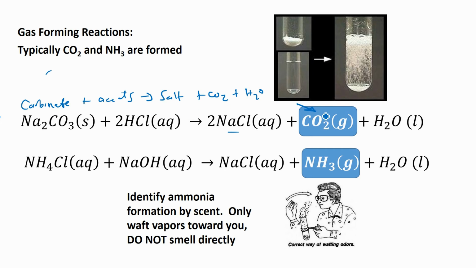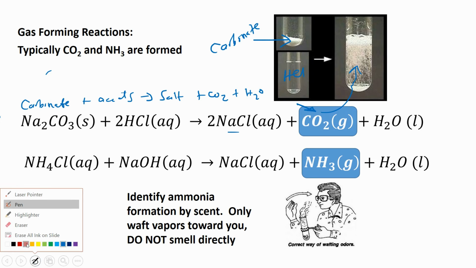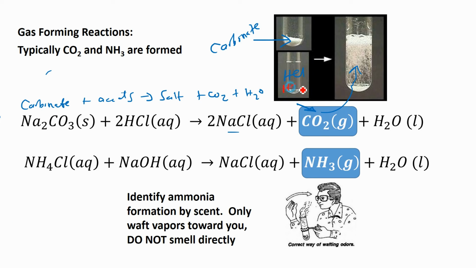You'll see the CO2 as bubbles. So if this is the carbonate and you react it with, say, HCl, you're going to see bubbles. Those bubbles are because of the presence of a carbonate with acid added to it.